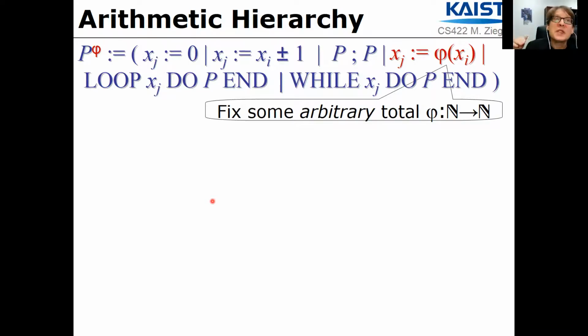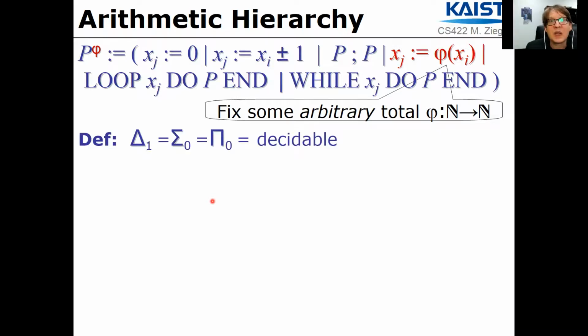I promised you that on the bottom are the decidable problems. Then there's undecidable halting problem and non-triviality problem. Then there's even more undecidable totality problem. And I've promised you that this goes far up. And here we are going to see that. And to do that, we introduce some notation.